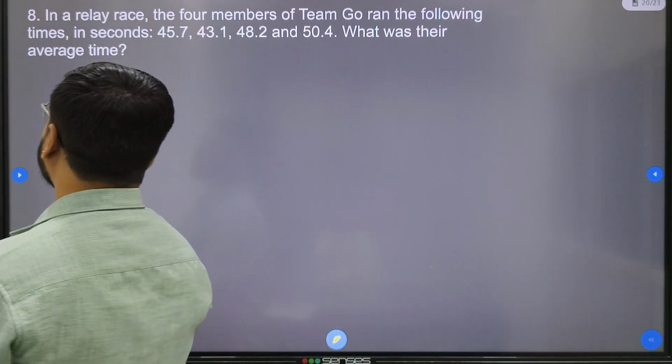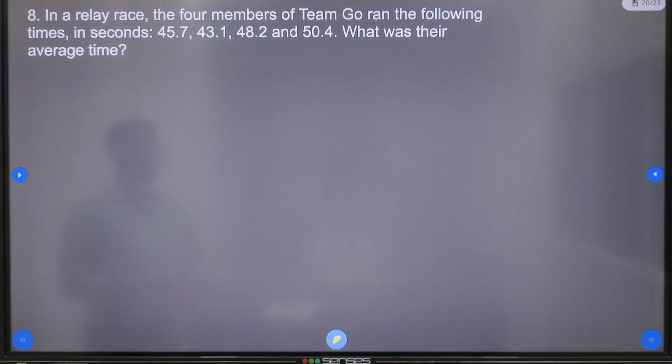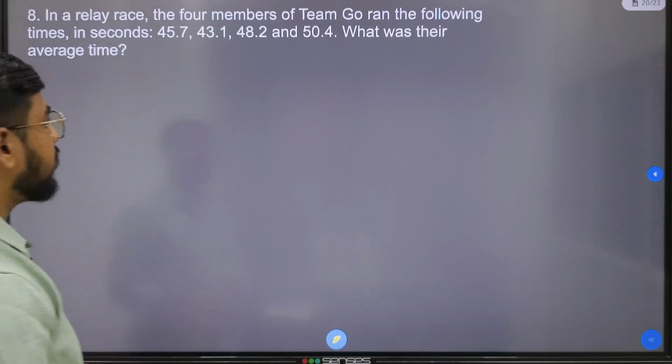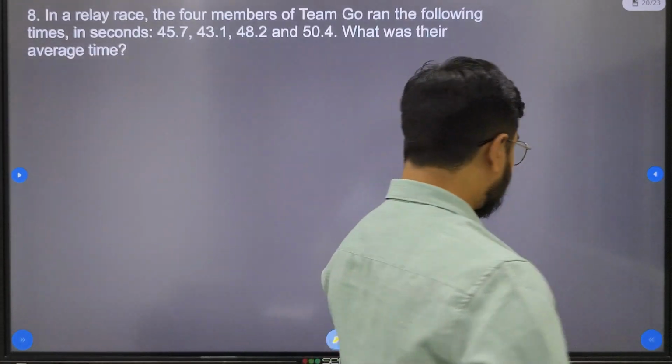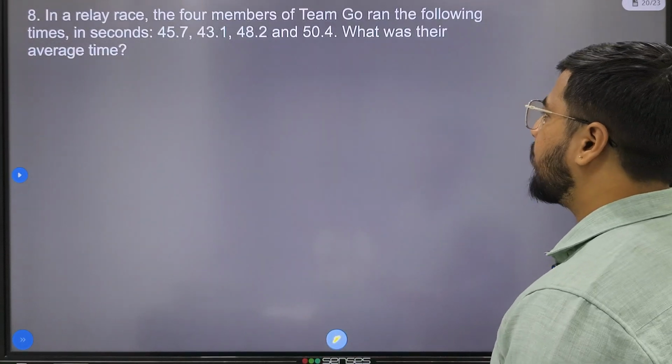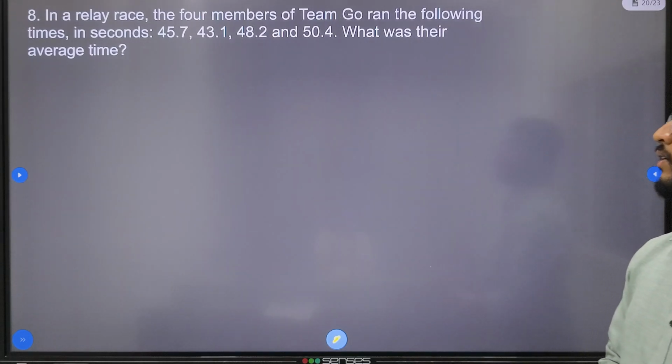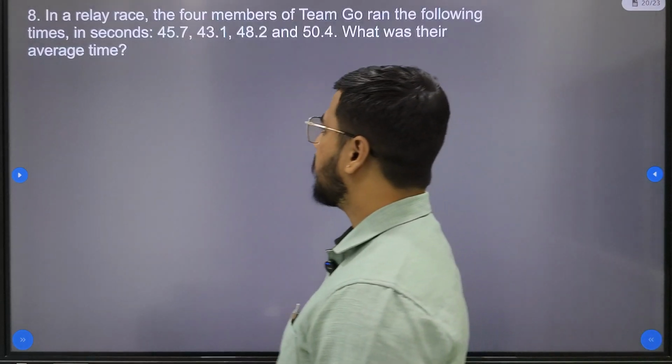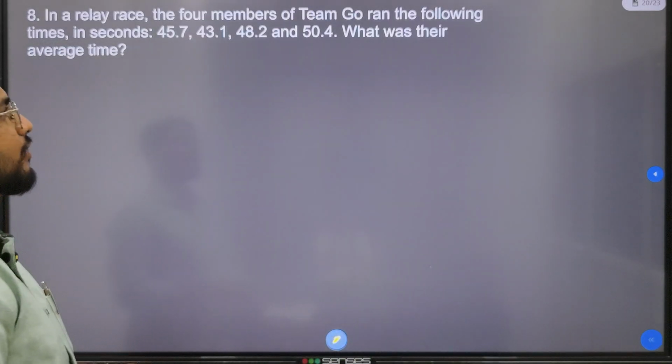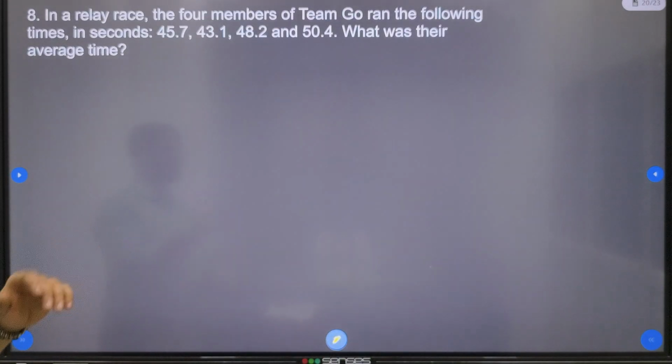Question number 8. In a relay race, the 4 members of team Go ran the following times in seconds. Okay, how many members are there of team Go? There are 4 members. They have run in particular seconds in the relay race.